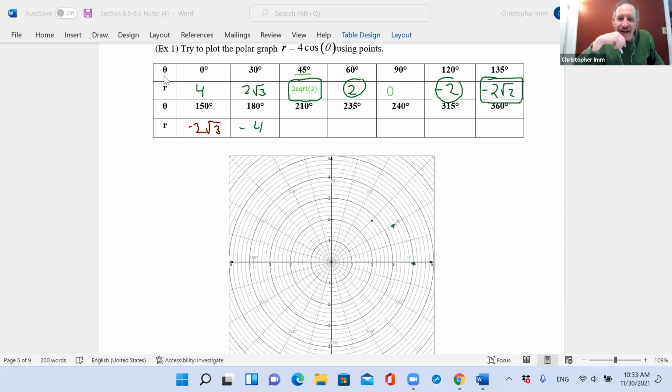Perfect. And 60 degrees is exactly 2. That would be about here. And 90 degrees is 0. So that would be right at the pole. And then if I go 120 degrees, I have to flip over to -2. Okay, great. And if I go to 135, I have to flip over, and that's about -2.8 right here.